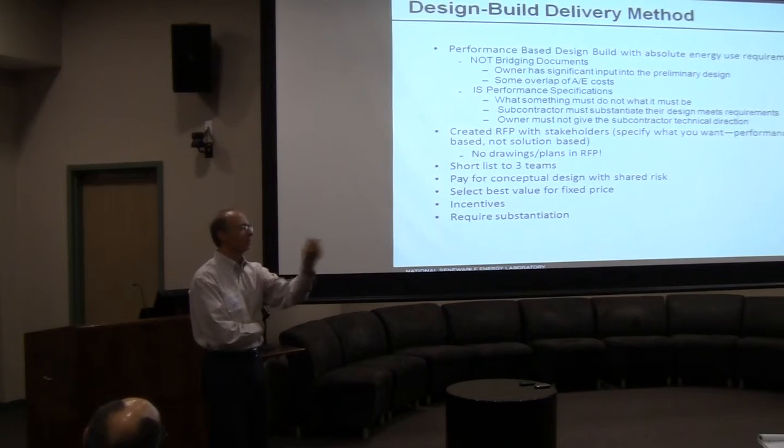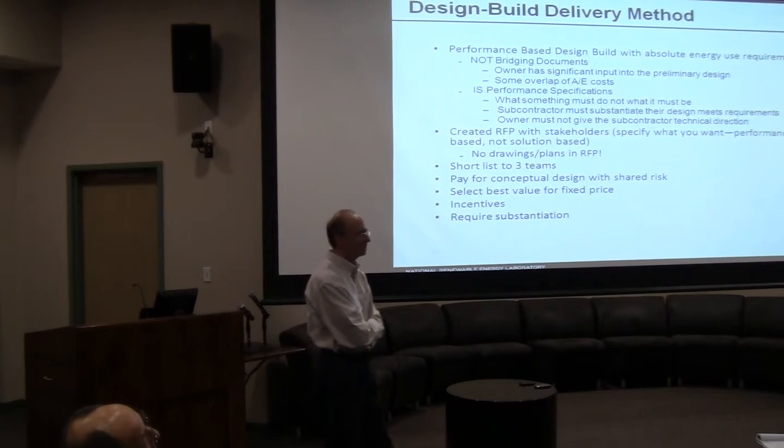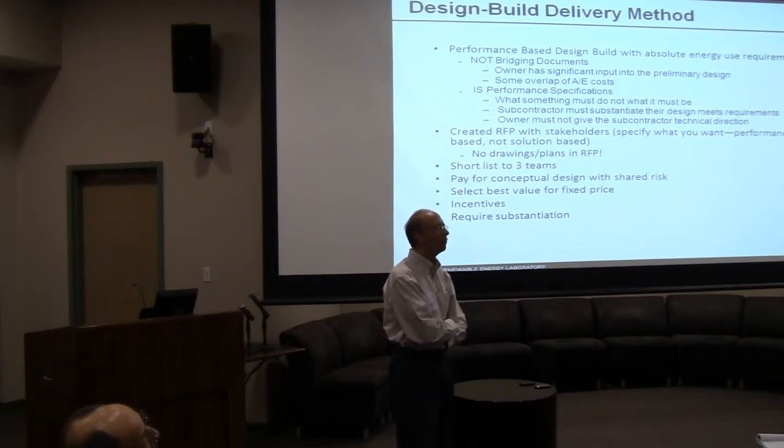So, question? So you did this as a design-build delivery method. It sounds like a lot of what the success was, you guys spent an enormous amount of time up front defining what you wanted, performance-based from a building. Yes. Do you think that this would work equally well in a design-bid-build delivery method?